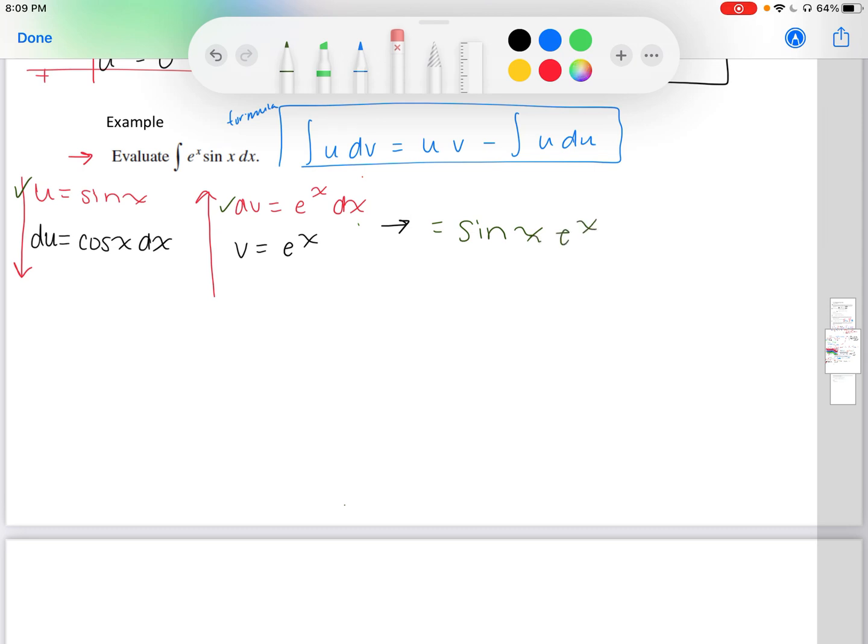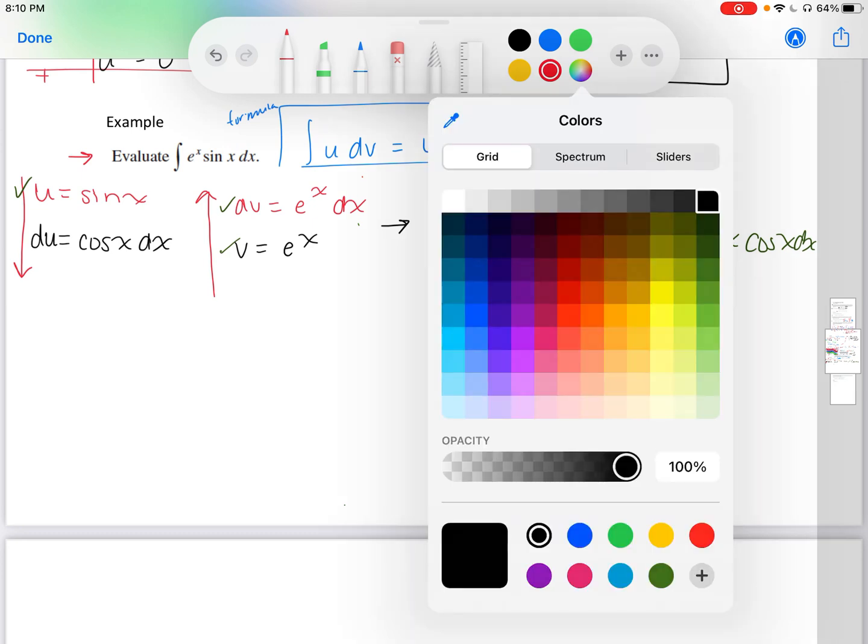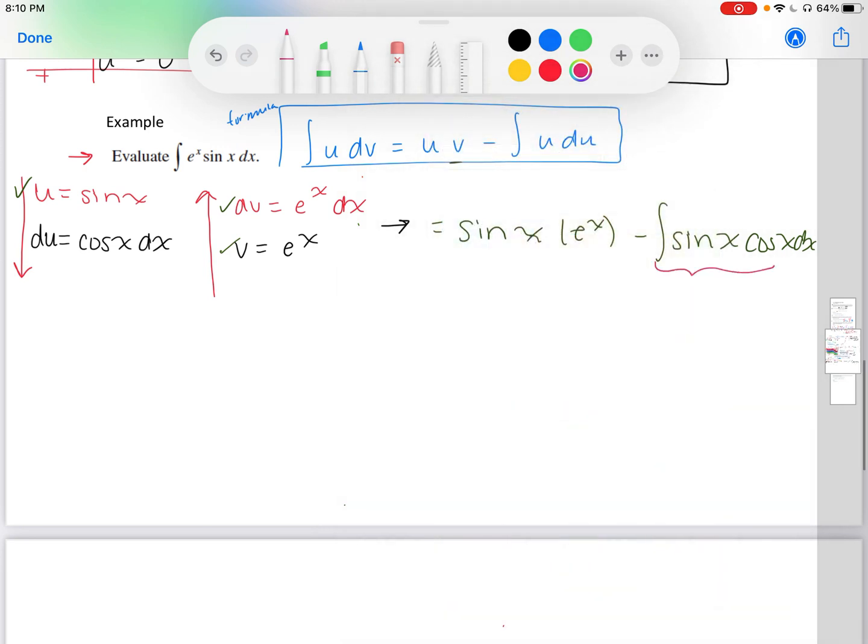Next we need v. What is our v? Our v is e to the x. Minus our integral, our v is e to the x and our du is cosine of x dx. Okay, we see again, we're stuck in a situation where we need to again use integration by parts.